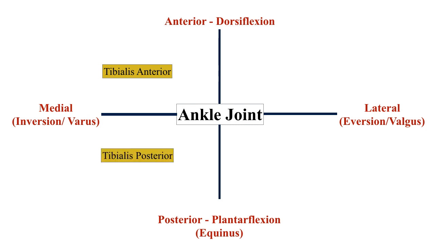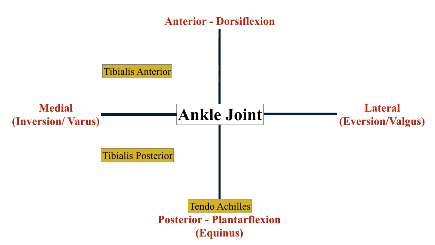Now the next common muscle is the tibialis posterior, which is present in the posteromedial quadrant. So tibialis posterior, being posterior to the ankle joint, causes plantar flexion or equinus, and as it is present on the medial side, this causes varus or inversion in the subtalar joint.